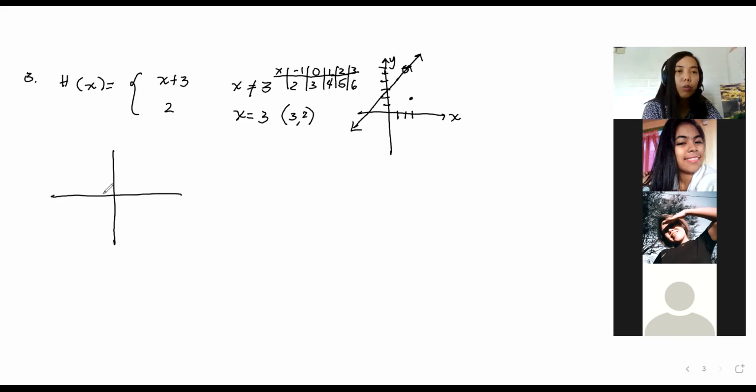Negative 1, 2. 0, 3. 4, 5, 6. It's open. 3, 6.